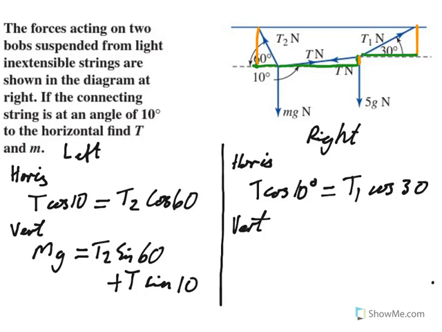Vertically, there's two components pointing up and one down. The one down is 5G. The two pointing up is T1 sine 30 and the tension sine 10.